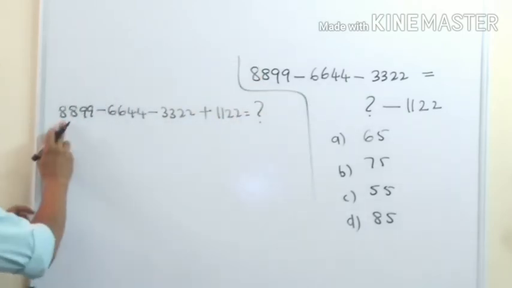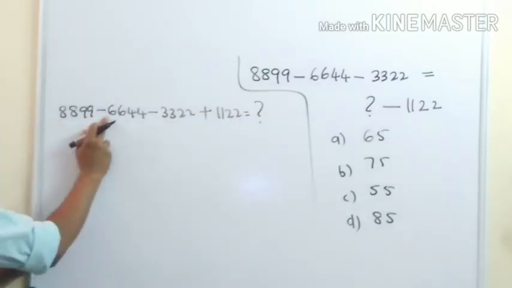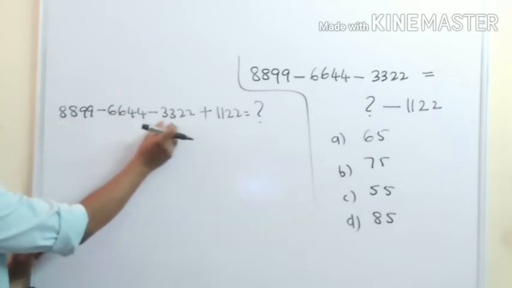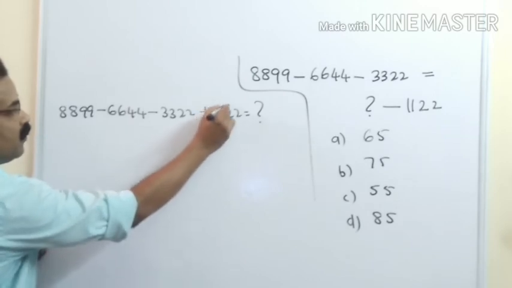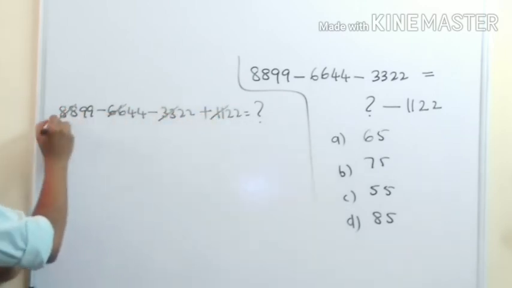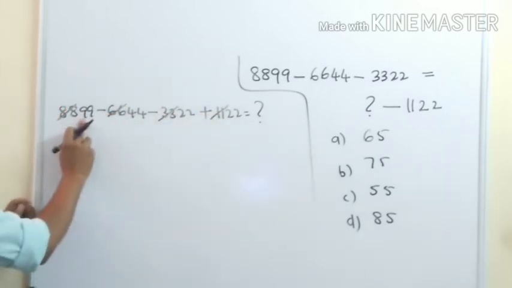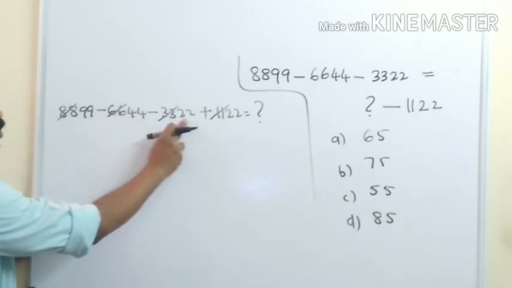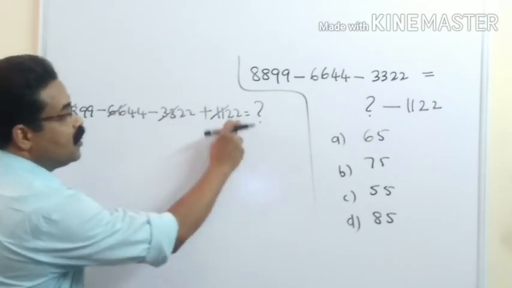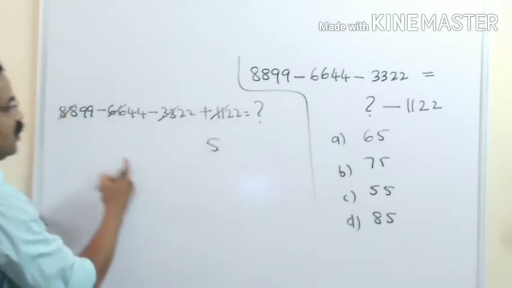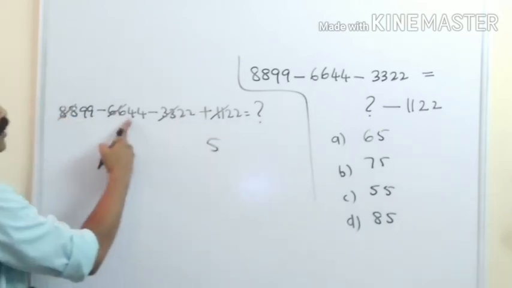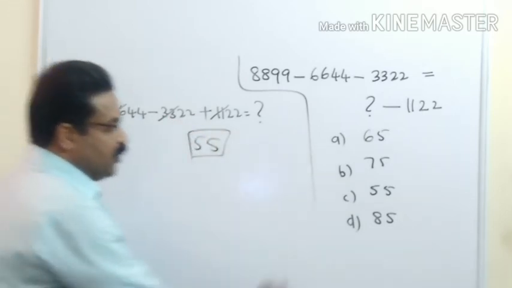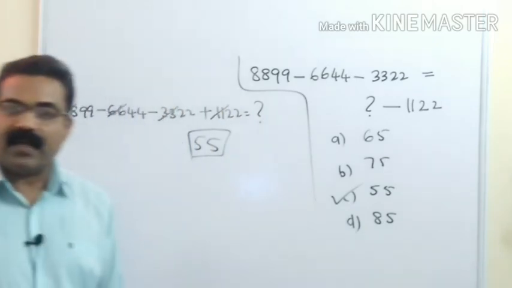So now you can say 88 minus 66, 8 minus 6, 2, 2 minus 3, minus 1, minus 1 plus 1, so the first digits get 0. Now here 99 minus 44, 9 minus 4, 5, 5 minus 2, 3, 3 plus 2, 5, so the first digit is 5. Again one more 9, 9 minus 4, minus 2 plus 2, again 5, so I got the answer 55. 55 is the correct answer.